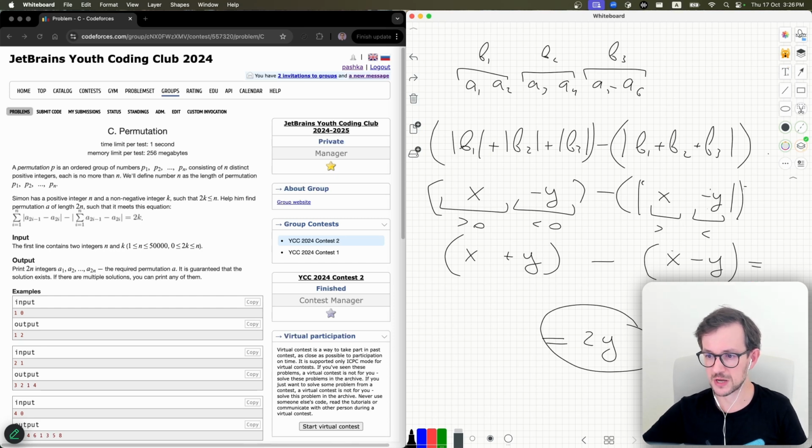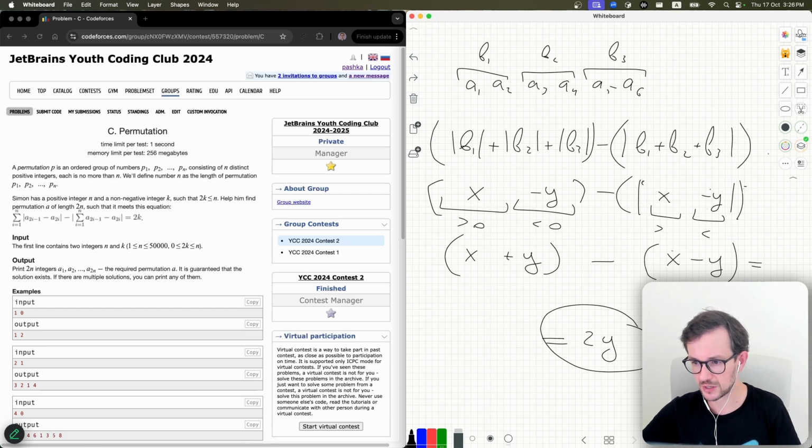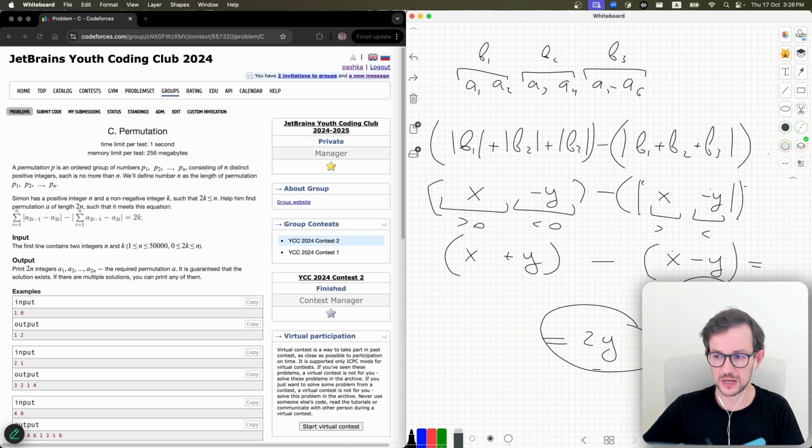So for example, the sum of positive elements is x, the sum of negative elements is y. I look at the smaller. So this is 2y if x is greater than y. So I take these two numbers and the smallest of them, if it is y, then the total sum will be 2y. And I need it to be 2k here. You see?